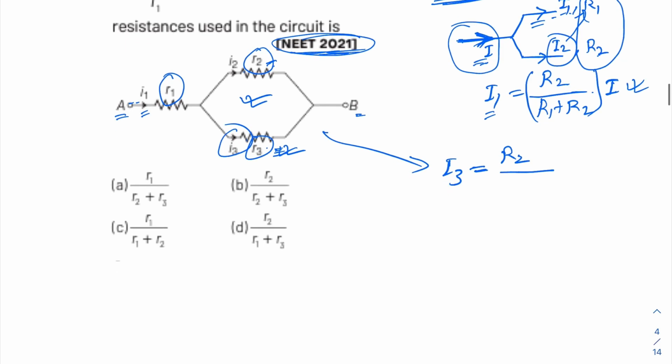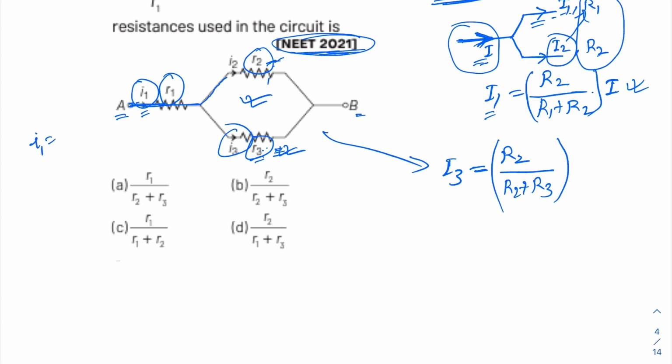Now here I3 will be equal to R2 divided by the total, that is R2 plus R3, into the total current flowing here, which is I1. I1 is flowing here, so it is divided into two parts, I2 plus I3.